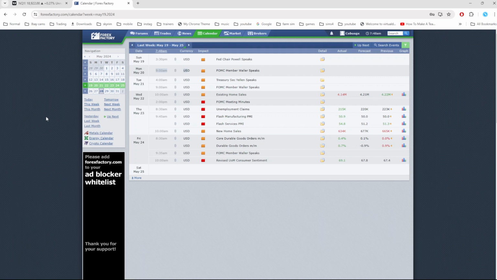Now, times when you would want to sit down and study the market on a Monday would be during NFP week, okay? The first week of each new month, you're going to get the NFP release on the Friday.